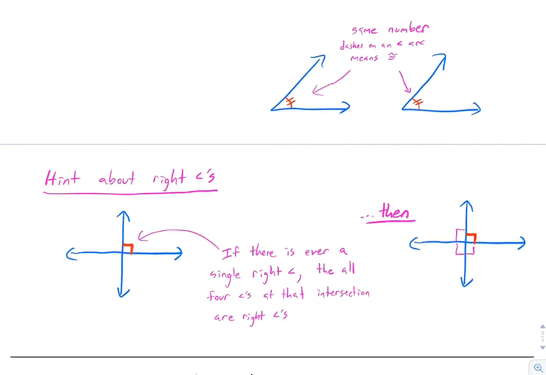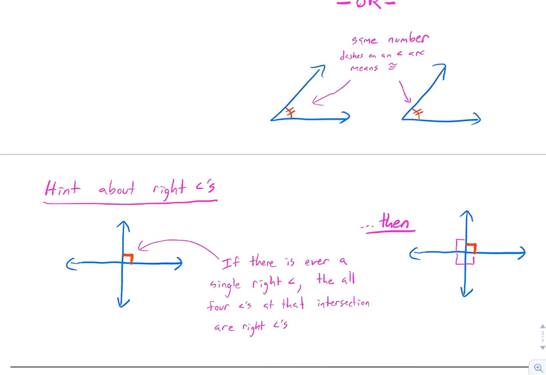Okay. One more thing is, whenever you have one 90-degree angle, you actually have 4 90-degree angles. The reason is here, we know that a straight line makes 180 degrees, and the one assumption you can make in this whole first semester geometry is if a line looks straight, then it is straight. So we can assume this is a straight line.